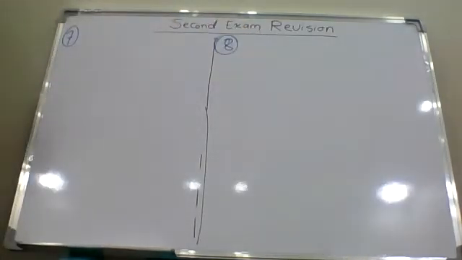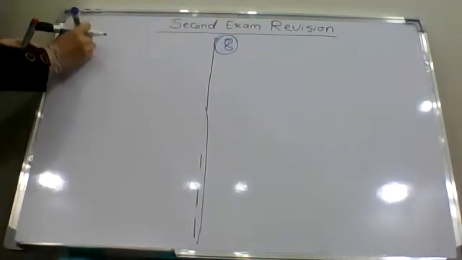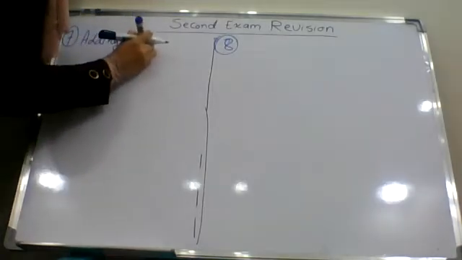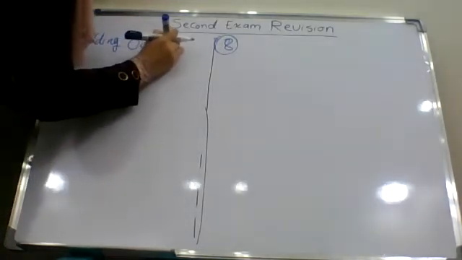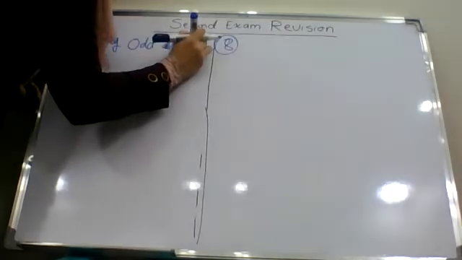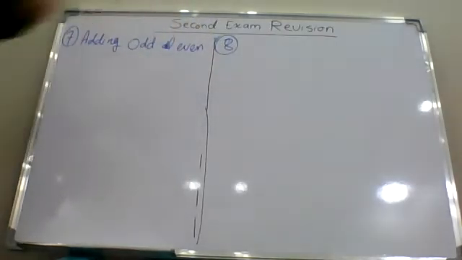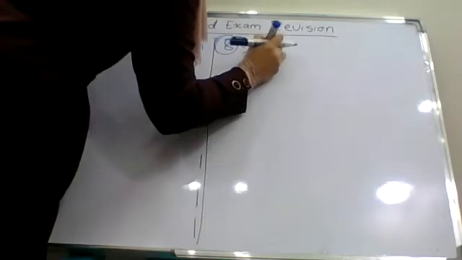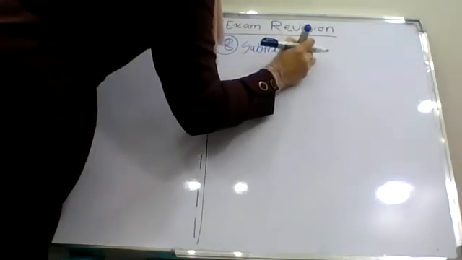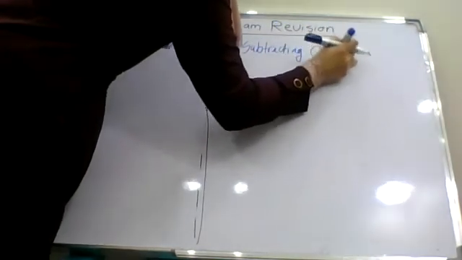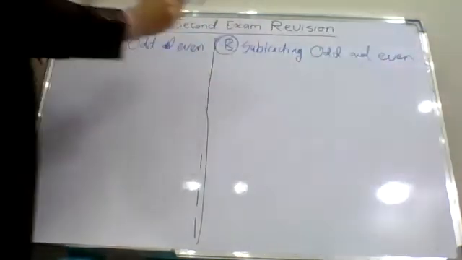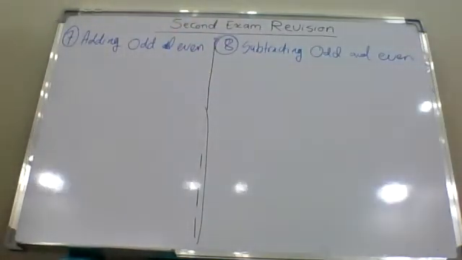Okay, so now here we are talking about adding odd and even numbers, okay? And in this part, we're talking about subtracting odd and even numbers. In this video, if you watch it, you no need to watch the other videos.